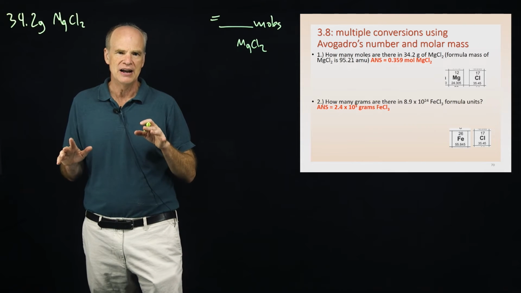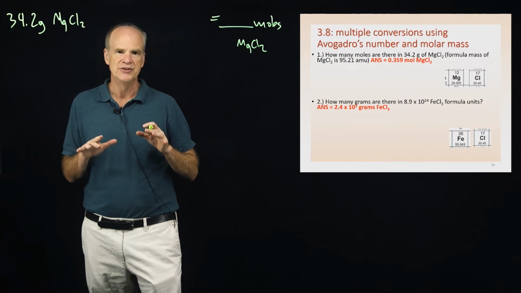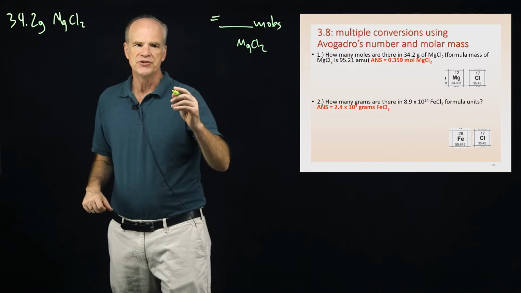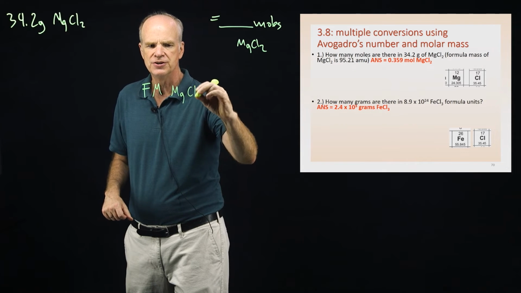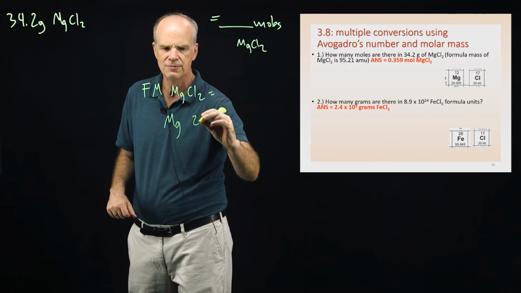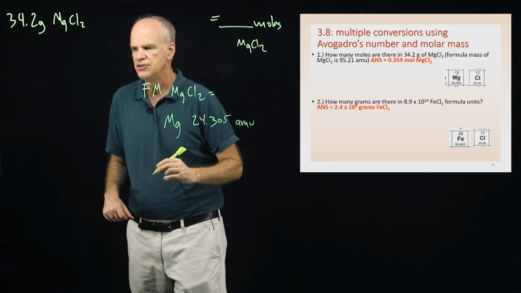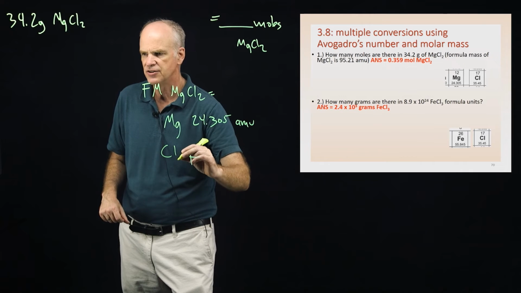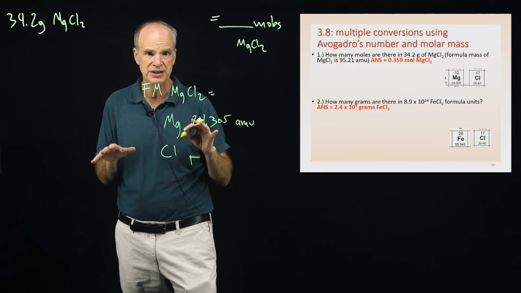You have to go to the periodic table and add up the average atomic masses of the elements in that molecule, with as many atoms of each element as there is. So to find the formula mass of magnesium chloride, you take the average atomic mass of magnesium, 24.305 AMU, and then add to it that of chlorine taken twice, because the formula of magnesium chloride is MgCl2, so we need 2 chlorine masses.